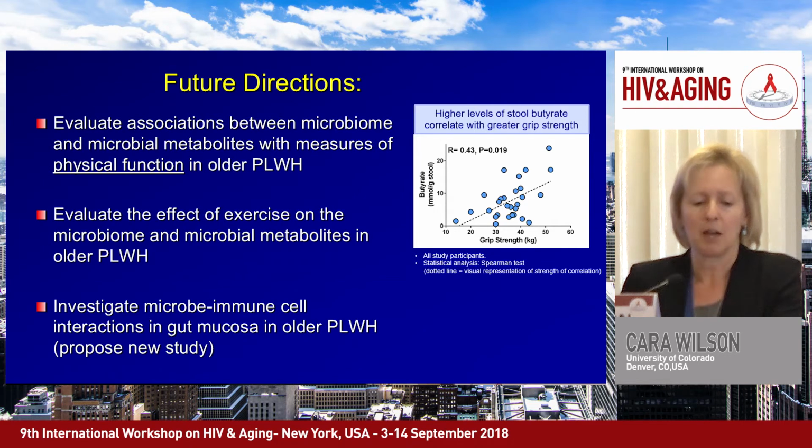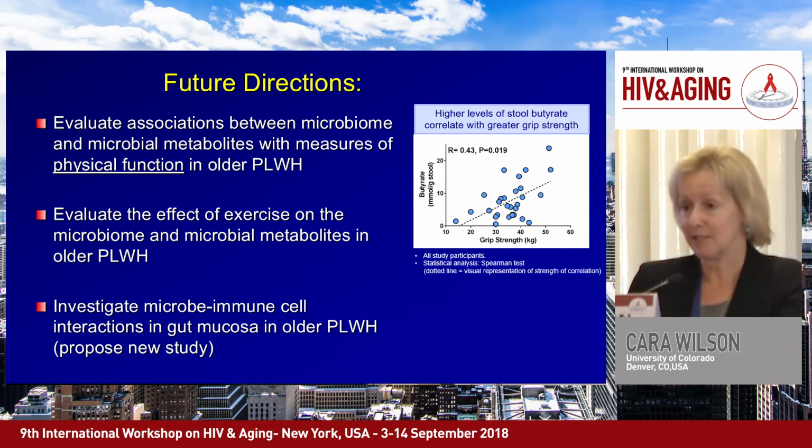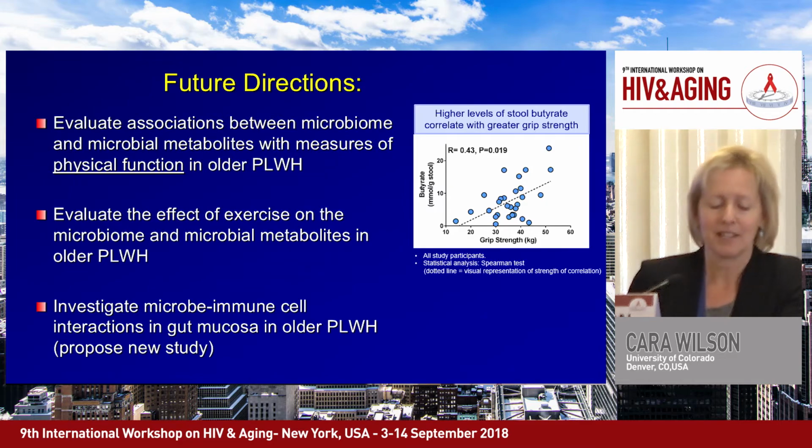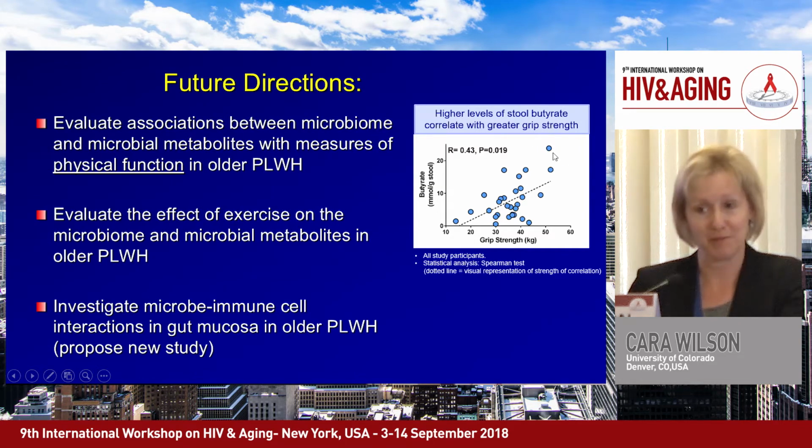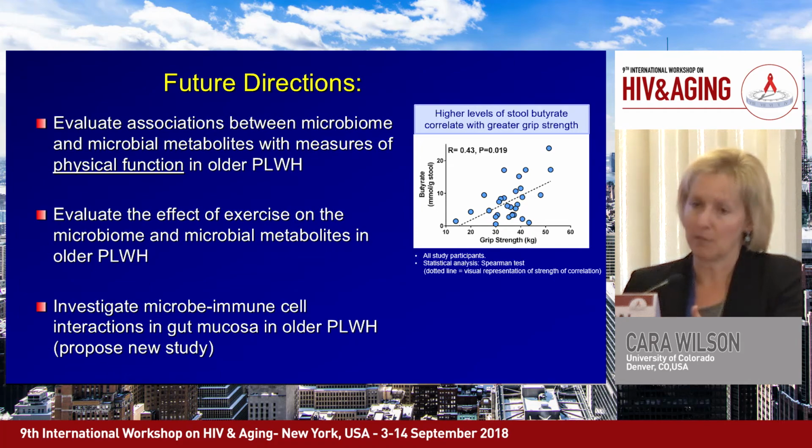So I included a little bit of a teaser slide here. What you see in the slide is that higher levels of stool butyrate correlate with greater grip strength, okay? If you look at butyrate on the y-axis and grip strength on the x-axis, you can see there's a positive correlation among the entire group.